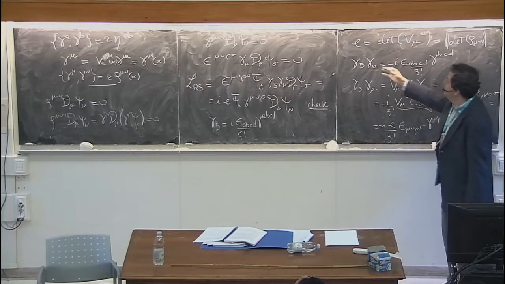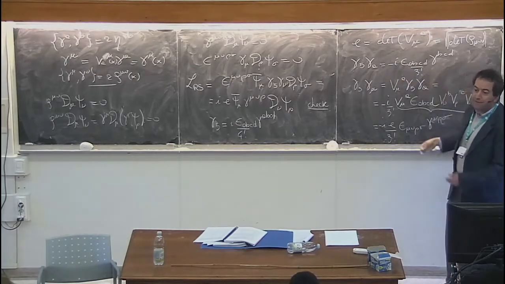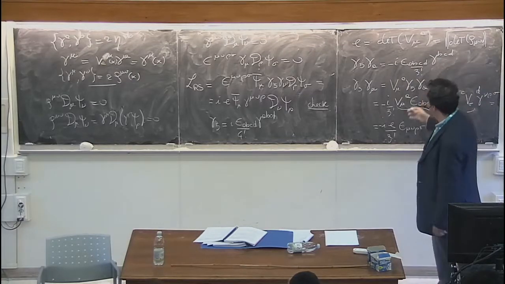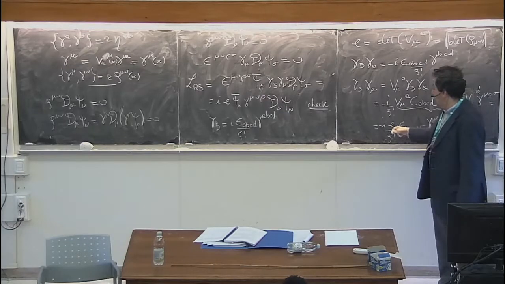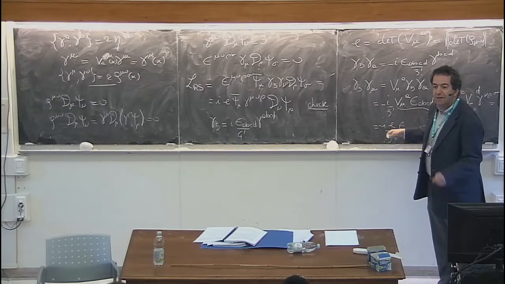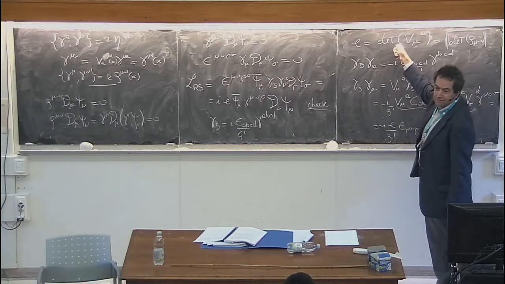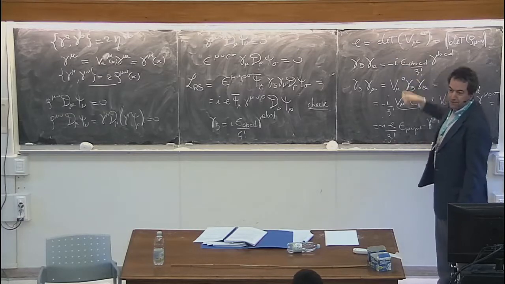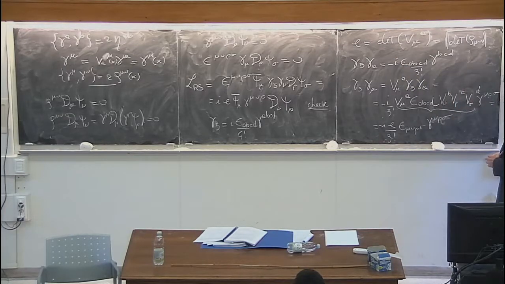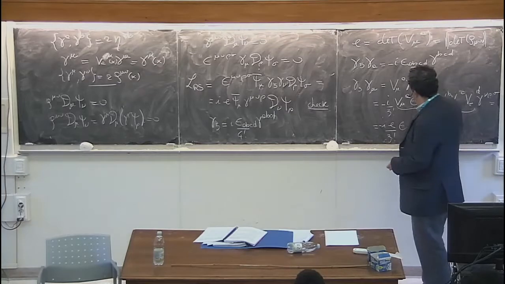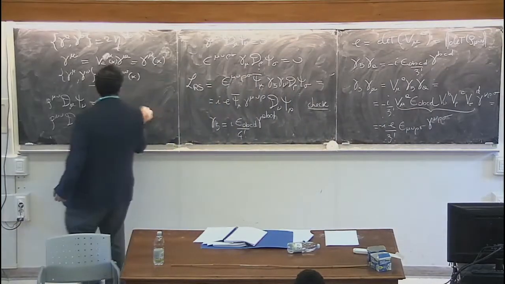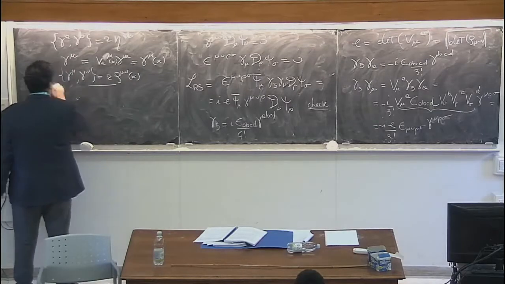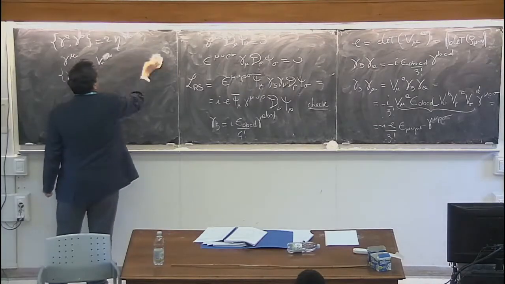So you can easily change in all these relations rigid indices by curved indices, taking into account that you always have to associate with each epsilon a measure, the determinant of the matrix, a characteristic factor. Epsilon mu nu rho sigma is the same as epsilon A, B, C, D. They are just numerical quantities, not tensors.